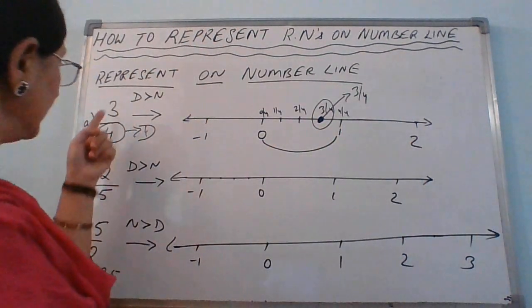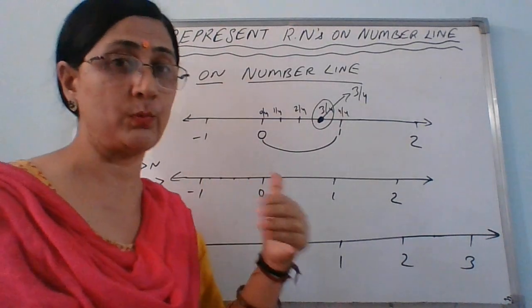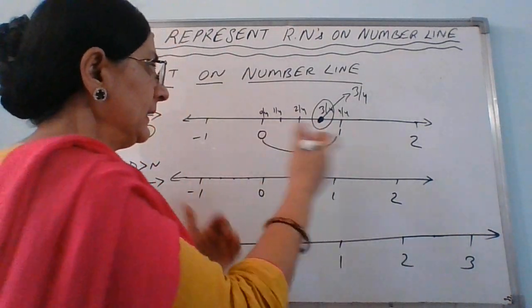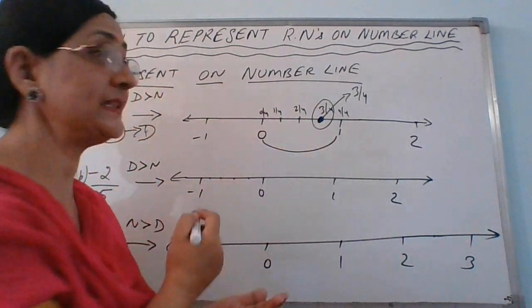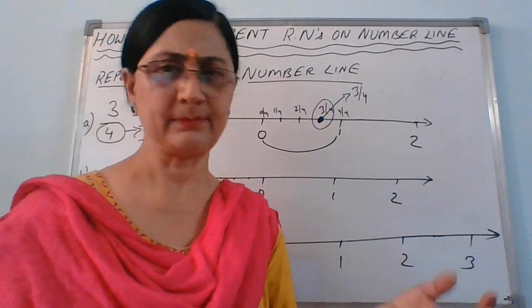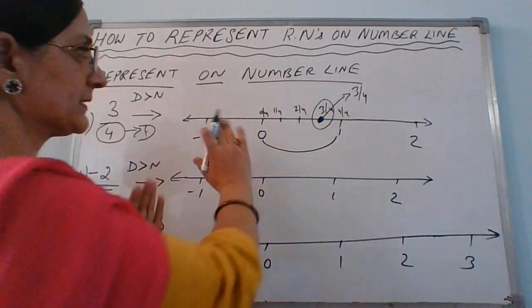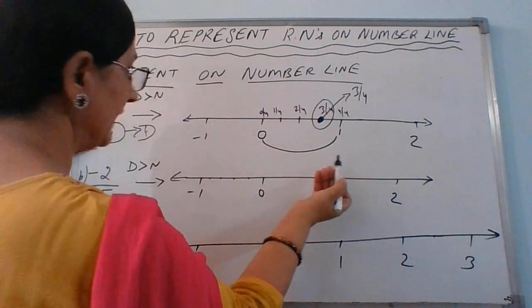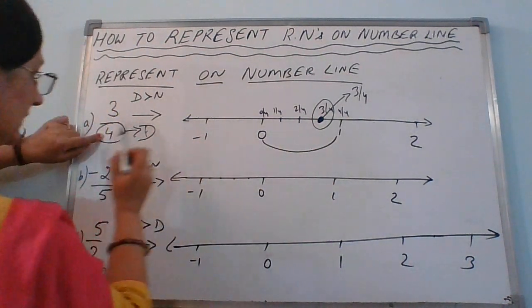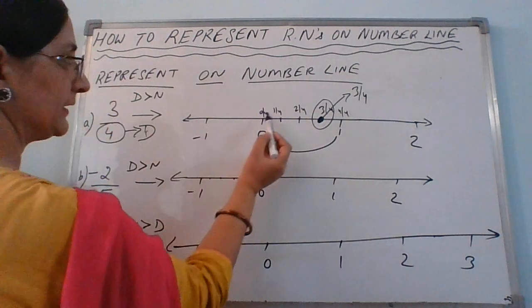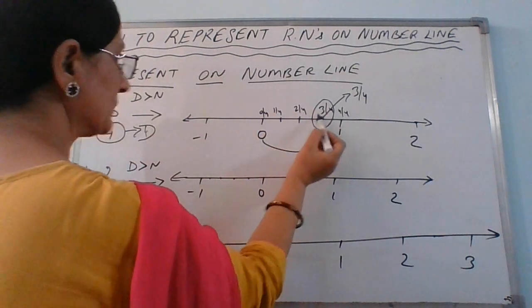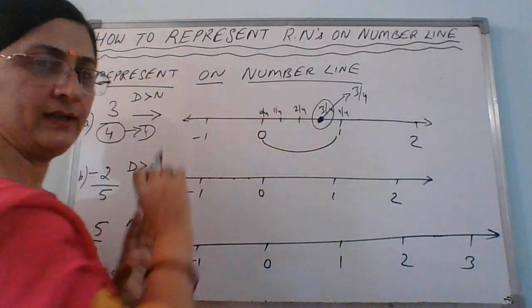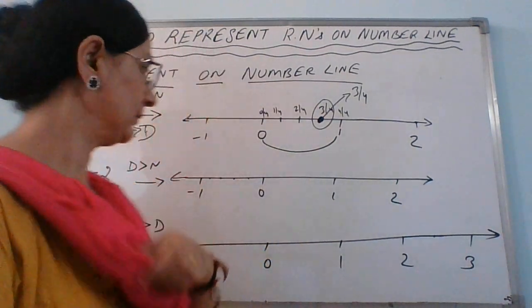That you have to see here. 3 by 4: the numerator is smaller, so definitely the answer lies between 0 and 1, 0 point something. I knew it would lie between 0 and 1, and I divided it into 4 parts because the denominator was 4: 1 by 4, 2 by 4, 3 by 4. So this was the answer, 3 by 4. I hope it's clear. Now next one.